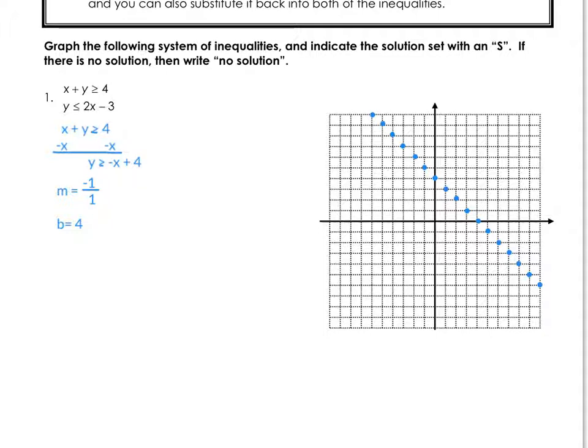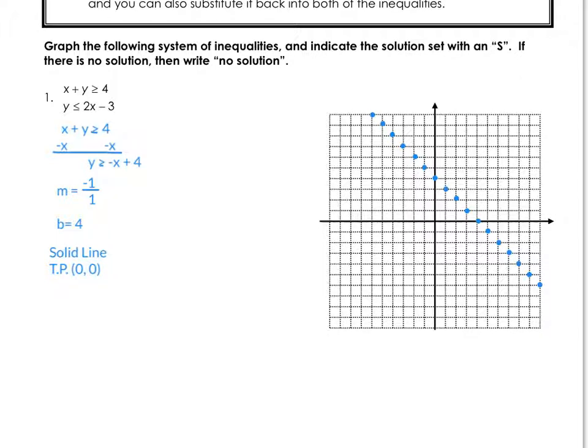Then we plot those points, and I think it's a good idea to write down that we want to use a solid line here because it is included, because it's equal to. Then we need to worry about shading as well. So I'm going to use a test point, and remember that as long as it's not on the line, the easiest one to use would be 0, 0. We substitute those in place of x and y.